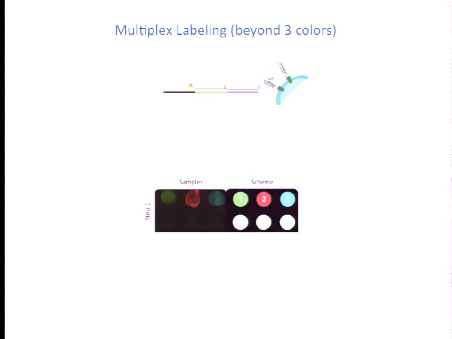So for instance, here there are 6 regions which have 6 different zinc fingers being expressed from a population of cells. But in the first step, one just exposes the probes corresponding to 3 of the samples, given by green, red, and blue. In the next step, one extinguishes the signal from the first set of 3 probes. And in this fashion, one can, in the next step, expose the remaining three samples to a fresh set of fluorophores.